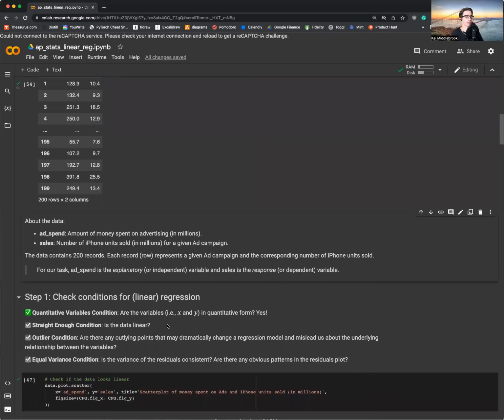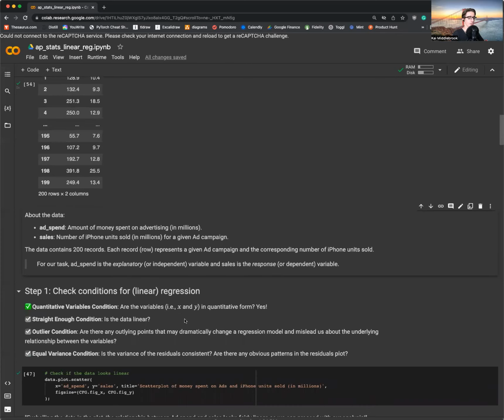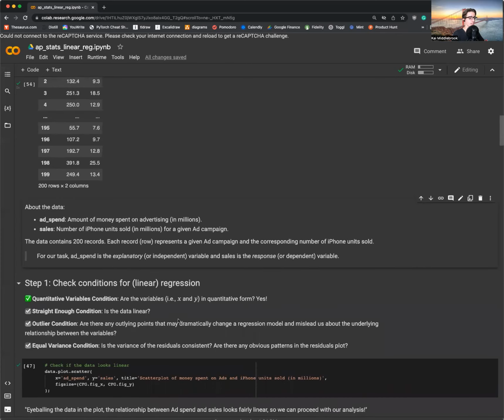So we need to make sure our data is linear. Does it even make sense to fit a linear model to this data? We're going to need to check for outliers. And if you recall, that's important because outliers will affect our means, and they'll affect how much we can trust our linear model.